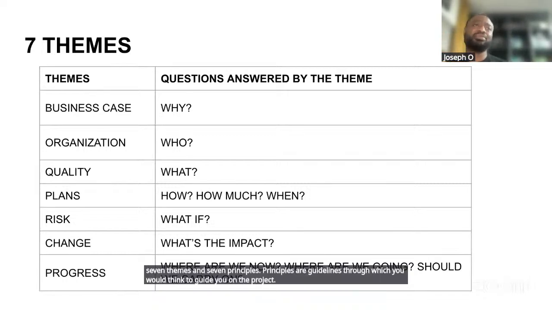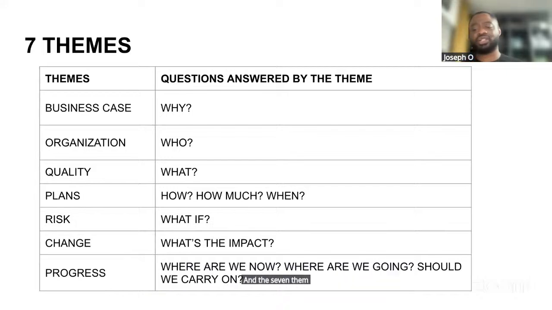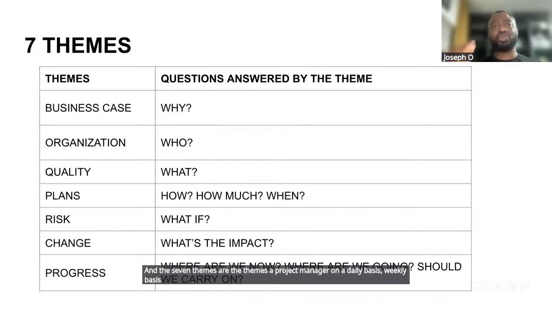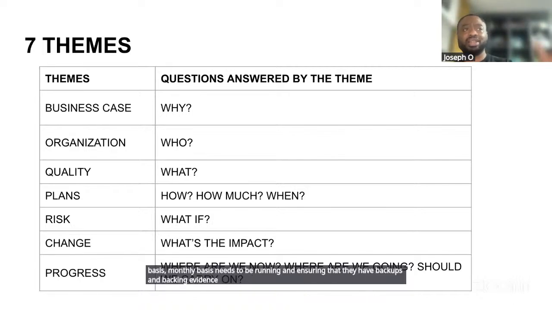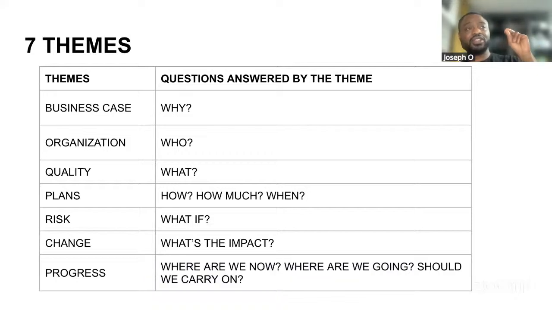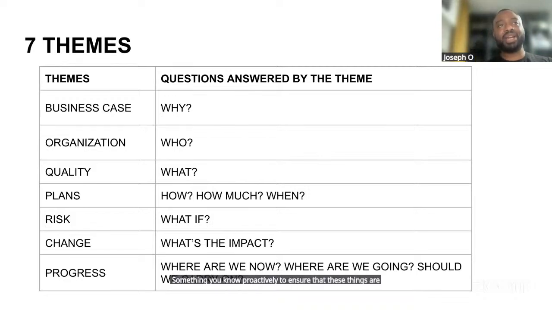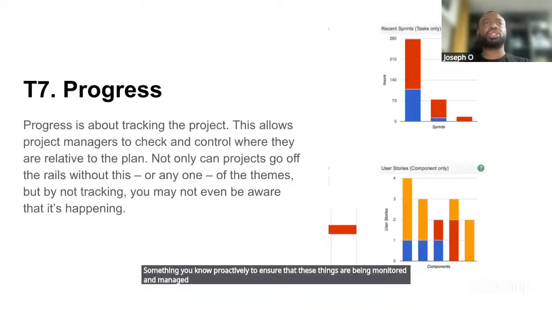And the 7 themes are the things a project manager on a daily, weekly, monthly basis needs to be running and ensuring that they have backups and backing evidence to their business case, organization, quality, plans, risks, change, and progress. And they're doing something proactively to ensure that these things are being monitored and managed within the project.